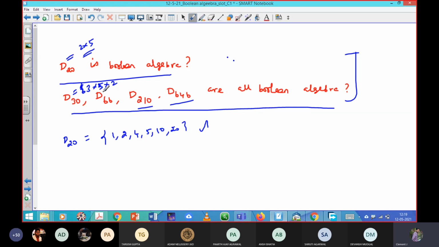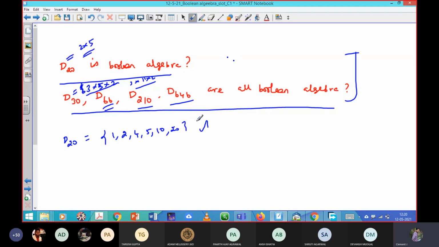Is it a Boolean algebra or not? Yes, sir. D30 is a Boolean algebra. Very good. Likewise, next D66. 3, 11, and 2. Very good, superb. So here D66 is a Boolean algebra. Next 210. Likewise, you can check 210 and then 646. That's your work.